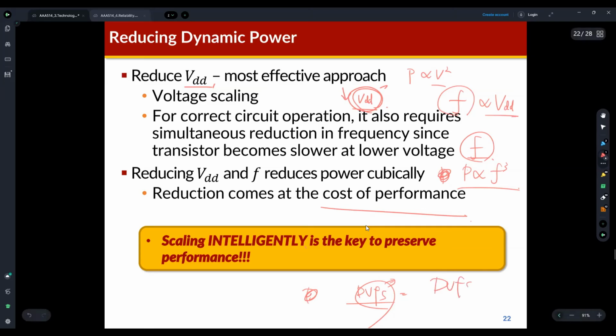So DVFS is a very widely used technique to reduce dynamic power consumption, depending on the demands on processors.